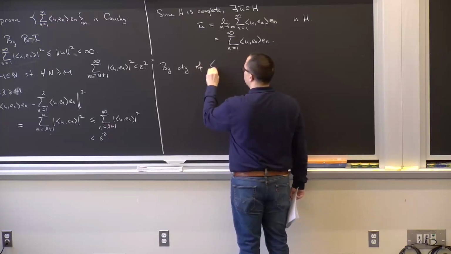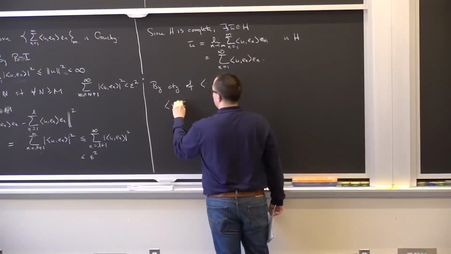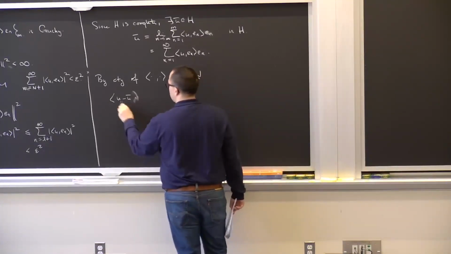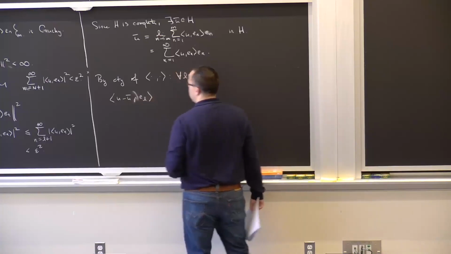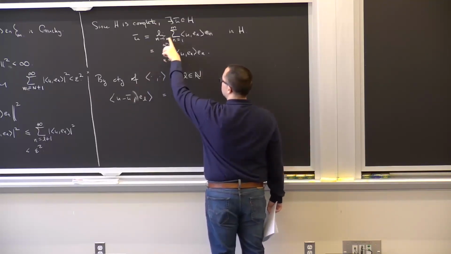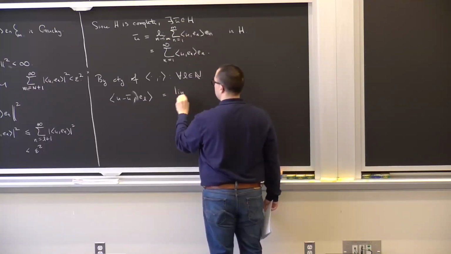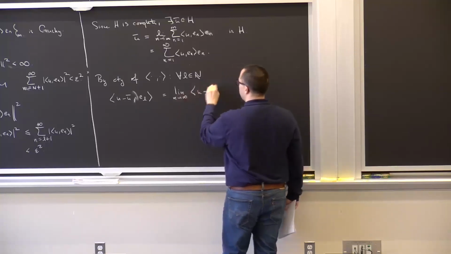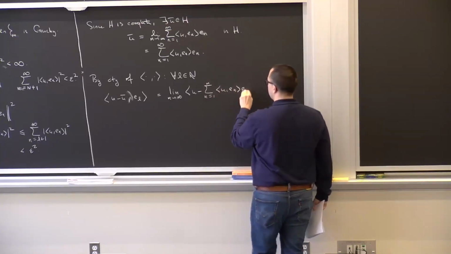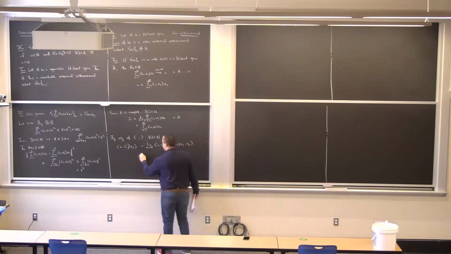So by continuity of the inner product, for all L a natural number, the inner product of u minus u bar with e_L is equal to, since u bar is the limit as m goes to infinity of this partial sum in H, the limit as m goes to infinity of the inner product of u minus the sum from n equals 1 to m of <u, e_n> e_n with e_L.